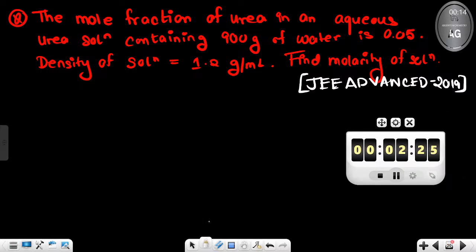This is the last question for today. This is the JEE Advanced 2019 question.